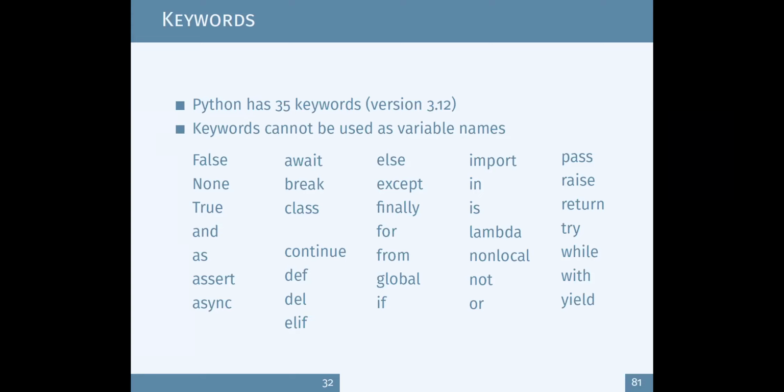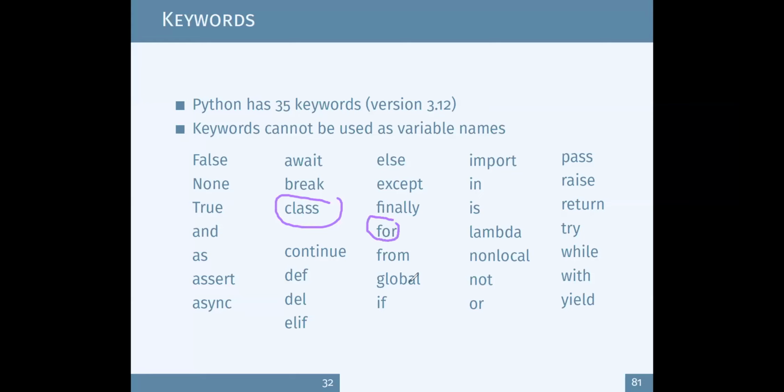That means these words we use when we are developing programs in Python. These words cannot be used as variable names. Make a note of this. For example, class is here. That's why you cannot use it, because class is what we call a keyword or reserved word. So therefore, you cannot use it as a variable name.